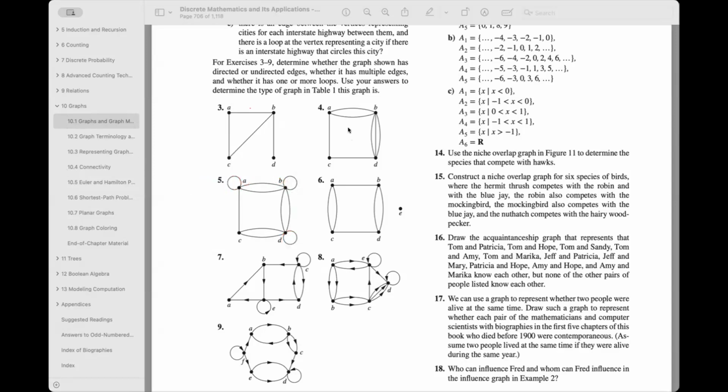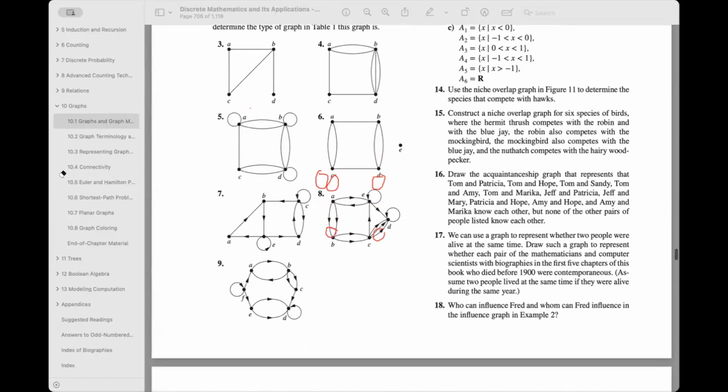As opposed to graph 6, you see this has no loops, but it does have multiple edges connecting B and D and A and C. So this would just be a simple, wait, not simple. This would just be an undirected multigraph. And then when you have something more complicated that looks like 9, let me just clear this.